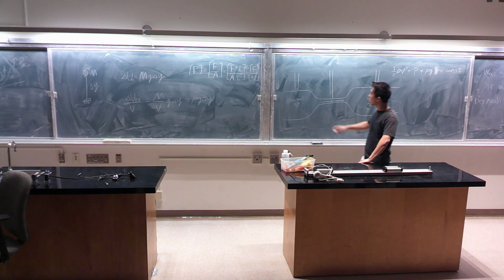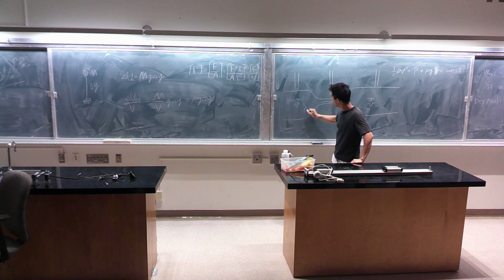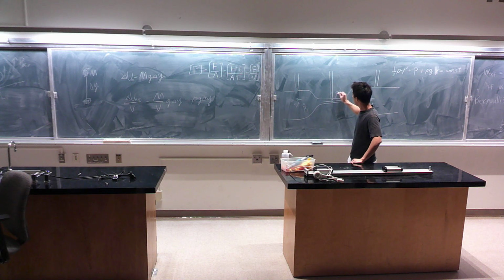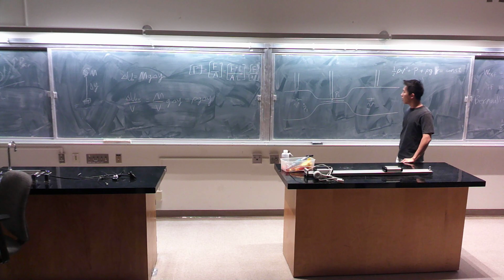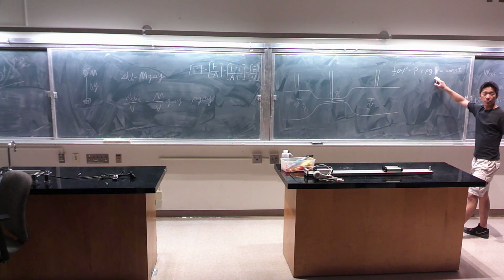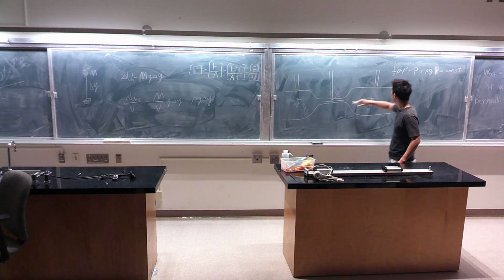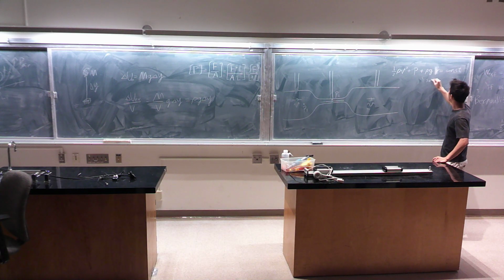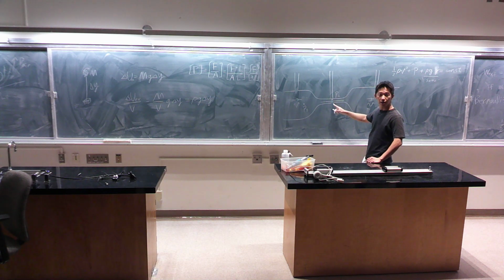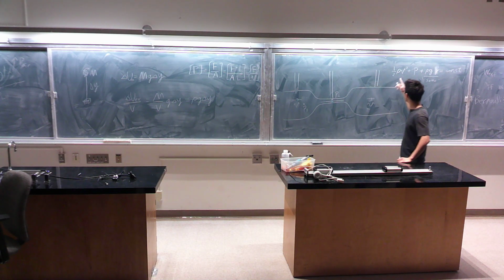Now, when we compare the pressure here and the pressure here, their height is the same. They are equally high, right? But at this point, the velocity is bigger or smaller?